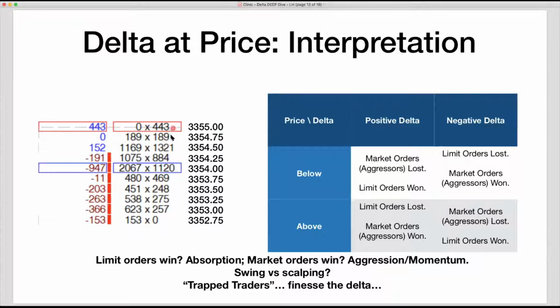Each of these price levels, the inside market, is a fight. So the relationship of price tells us, by considering the delta, did the aggressors win or did they lose? If we are trading below positive delta, then the aggressors got it wrong. Likewise, if we're trading above negative delta, let's imagine we're trading here, all the aggressive sellers hitting the bid got it wrong.